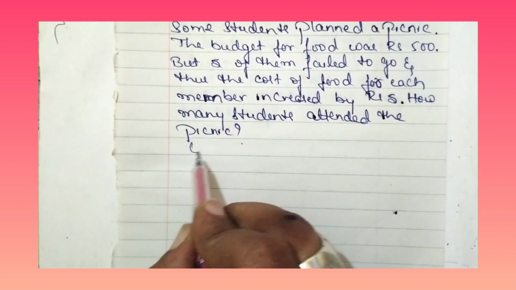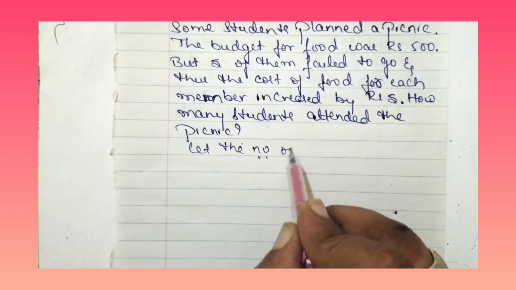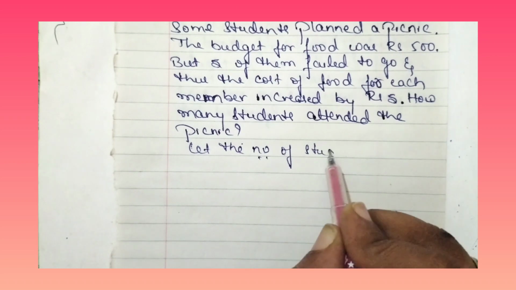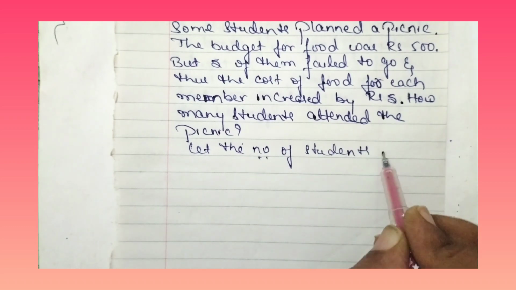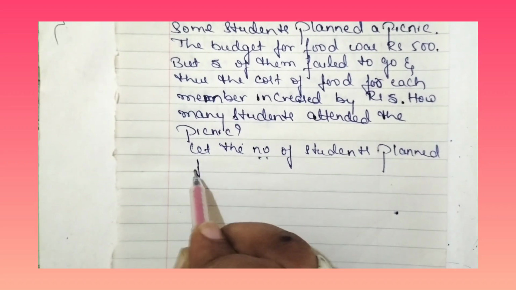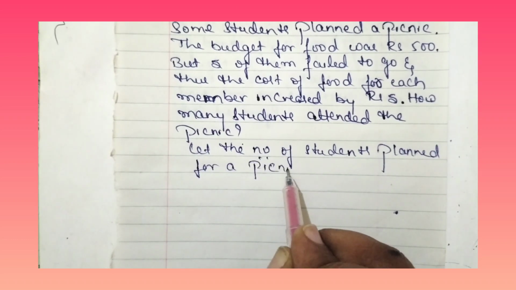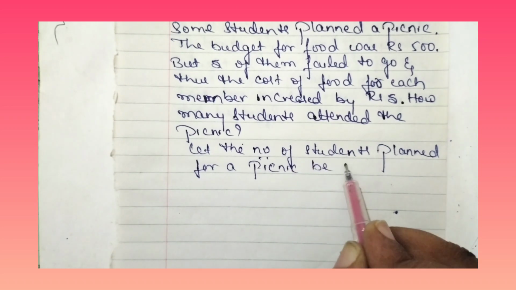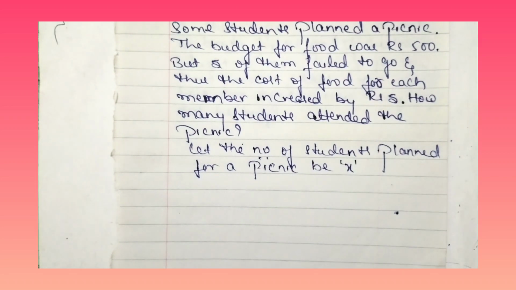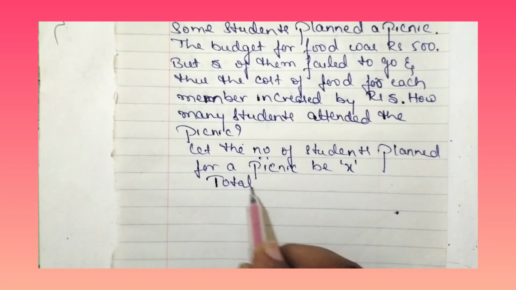The first sentence is, let the number of students planned for a picnic be x. So x number of students picnic ಹೊರಟಿದ್ರು. Then what is the total expenditure?